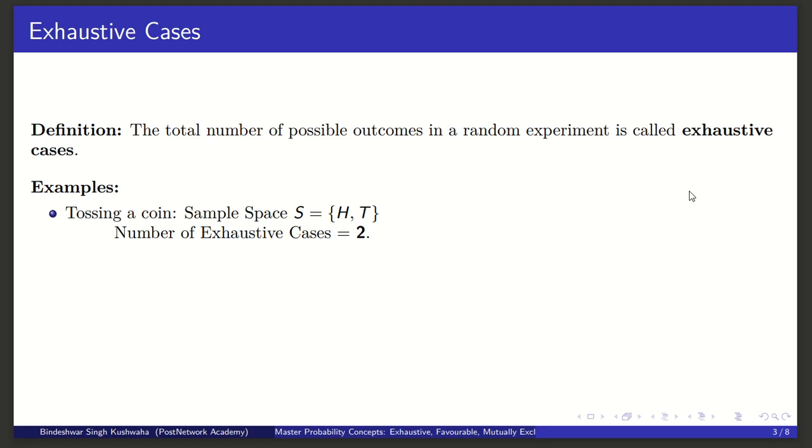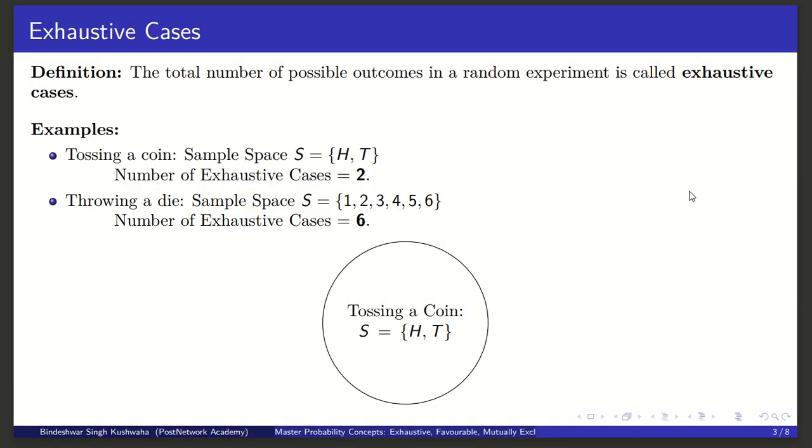The total number of possible outcomes in a random experiment is called exhaustive cases. For example, tossing a coin. The sample space is head and tail. So the number of exhaustive cases is 2.